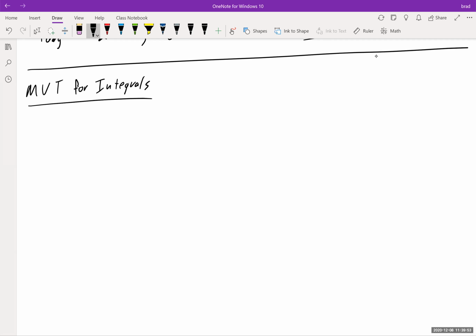So it says if f of x is continuous, and by this point, I think most of you have realized that almost all of the things that we work with start off with continuity. So we have to basically say if the function is continuous. It's a big part of calculus and mathematics.